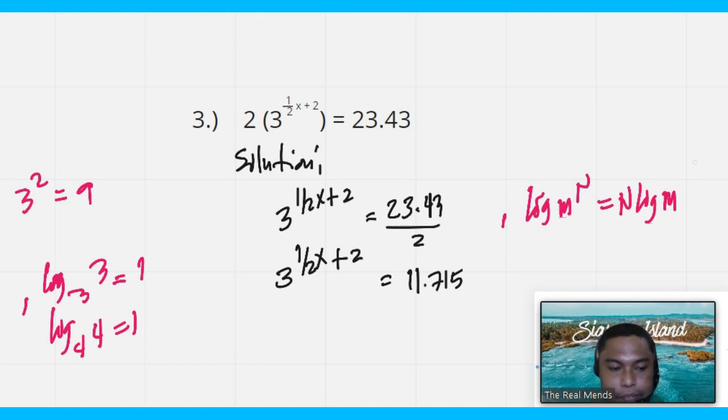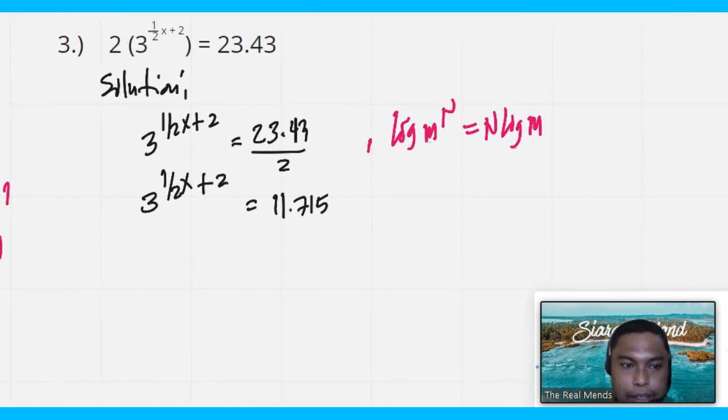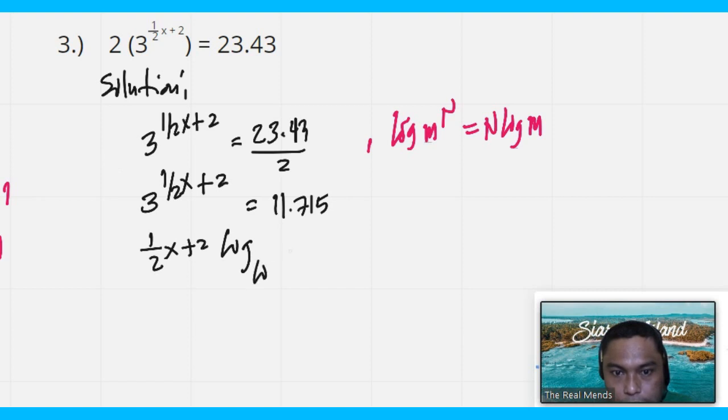Therefore I can rewrite this as 1 half x plus 2 times log base 10 of 3 is equal to log base 10 of 11.715.